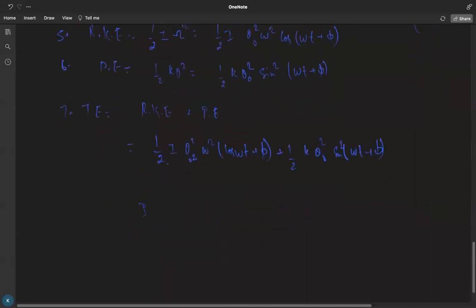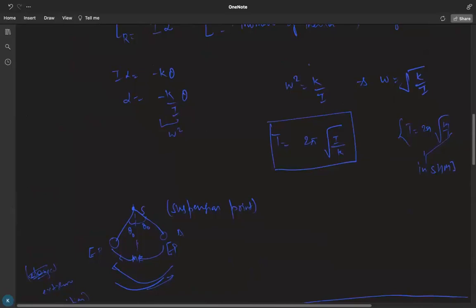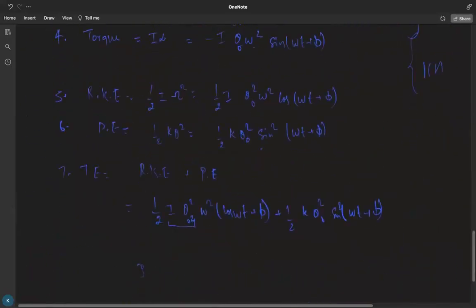If you look at both of these terms, omega square is equal to k by I, right? Omega square is equal to k by I, so I omega square is equal to k. So both terms make it k.